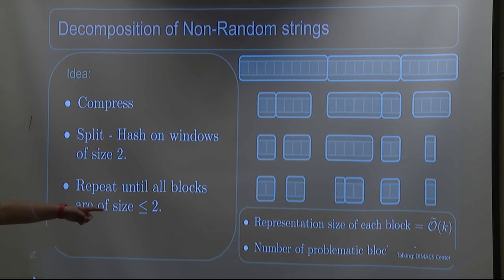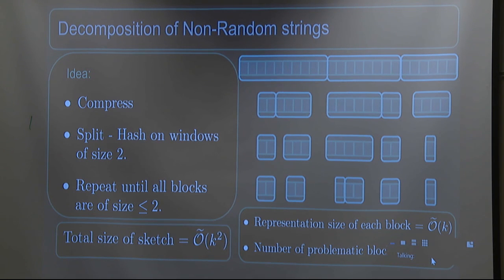We had this property that the number of problematic blocks is bounded by, it's less than or equal to k. So now we have that the total size of the sketch is O tilde k squared.